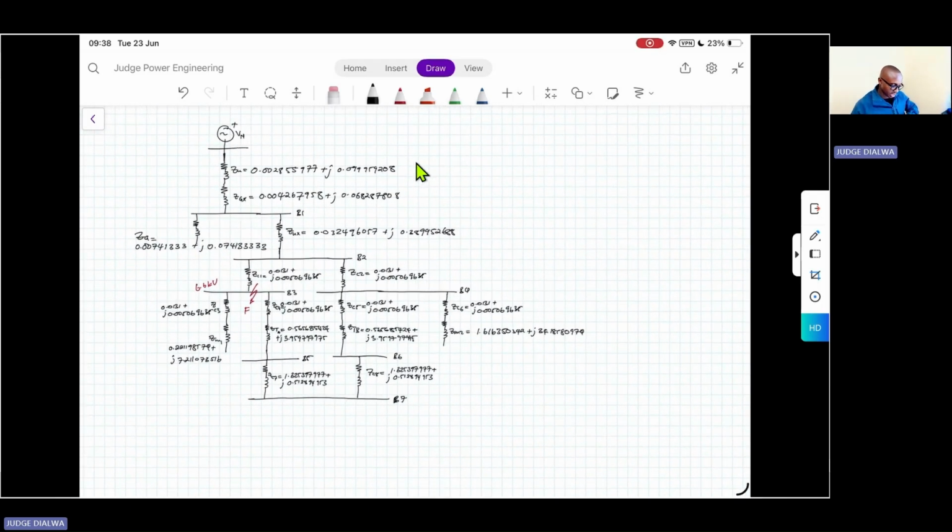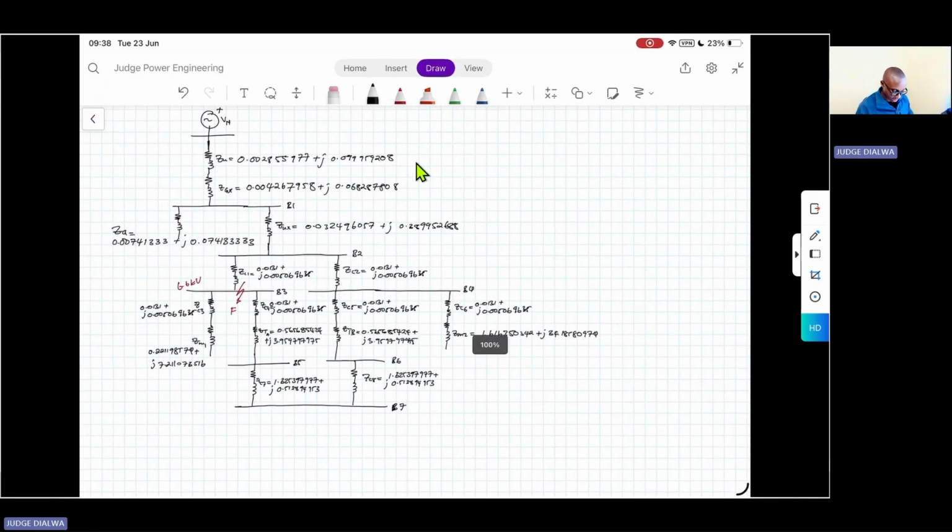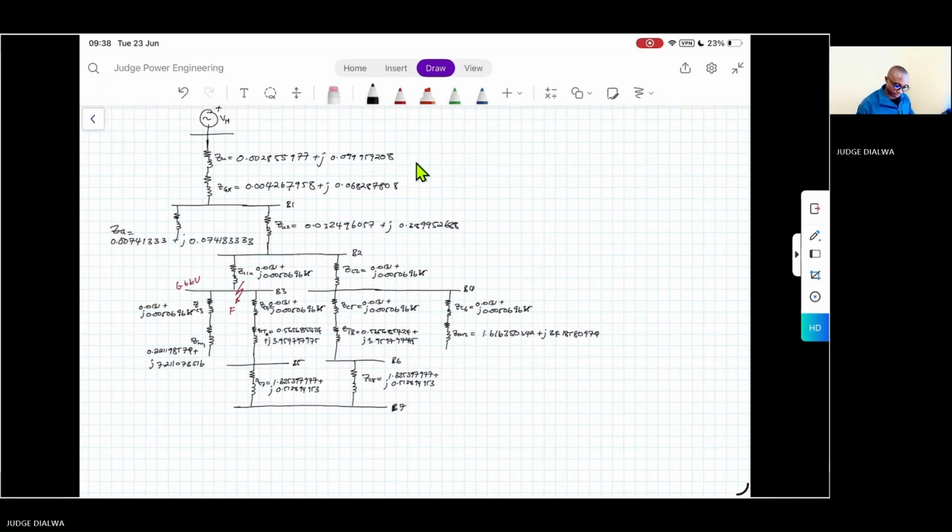What would then be the total impedance towards bus B3 when we fault that unit board A? So then what would be the total impedance? Okay, so how will we compute that?